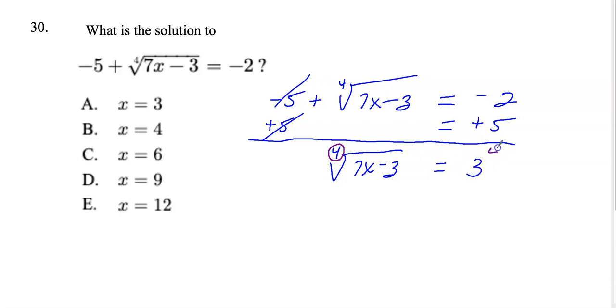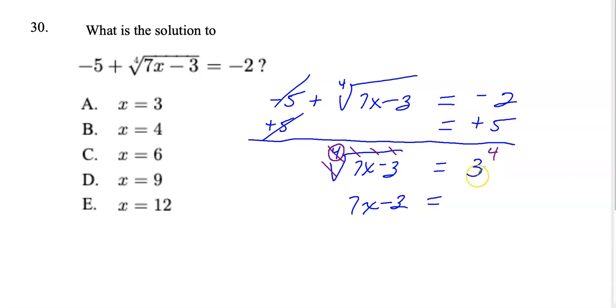So just put this here. And when you put this 4 over here and it becomes an exponent with base 3, this whole thing drops off, the radical and the 4, and you're just left with 7x minus 3 equals 3 to the 4th power. Well, what is 3 to the 4th power? Remember, exponents mean repeated multiplication.